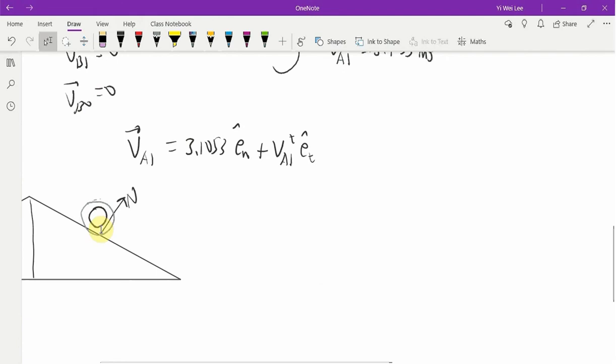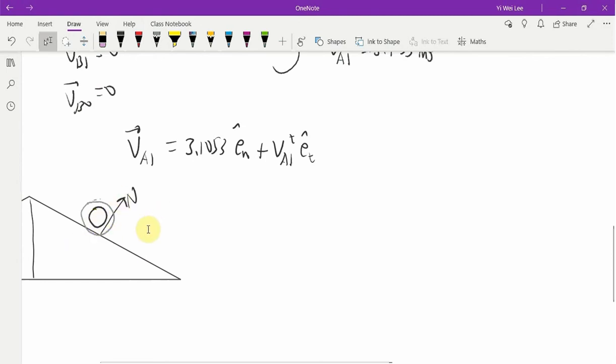The external force is only perpendicular to the collision plane. There is no external force parallel to the collision plane as far as this particle is concerned. If we draw a system boundary across this particle, we can see that there is only external force along the direction perpendicular to the collision plane. There is no external force along the collision plane. Right? There's no external force in this direction. There is external force in this direction.